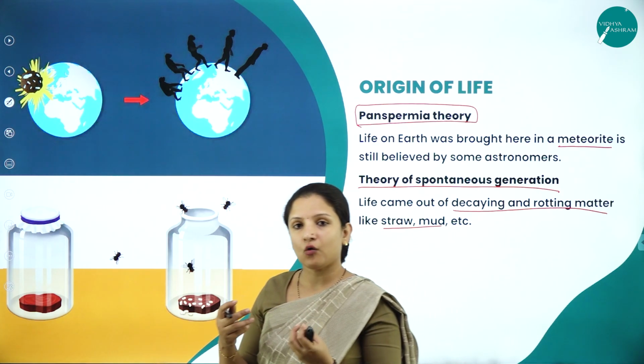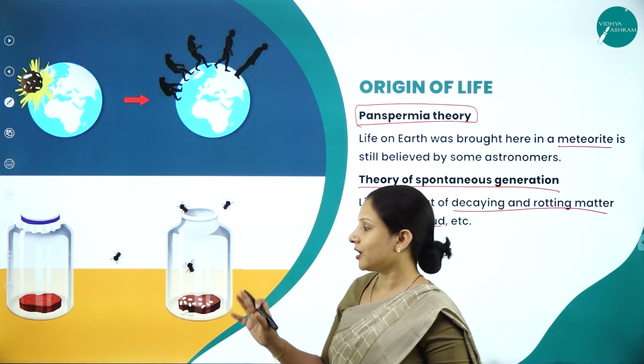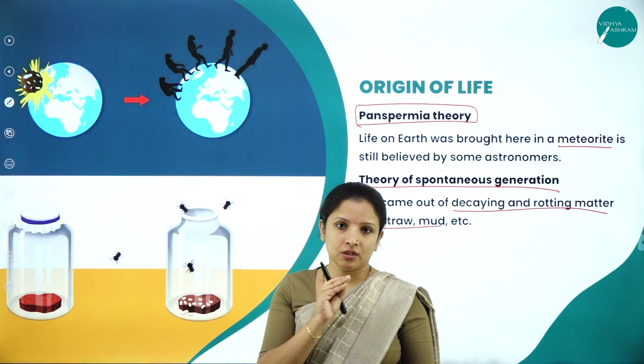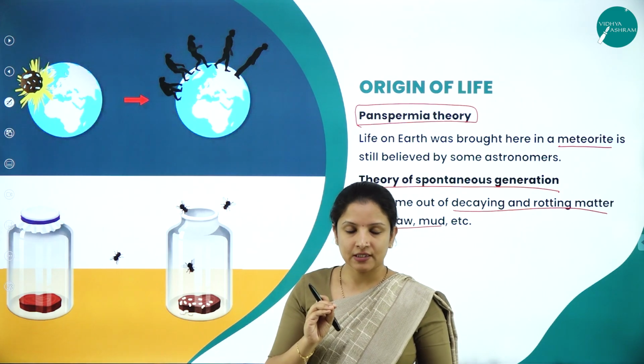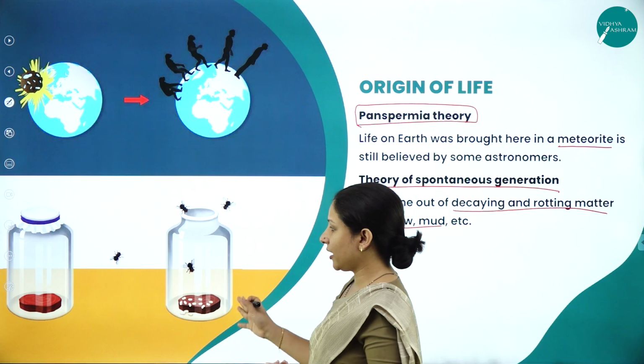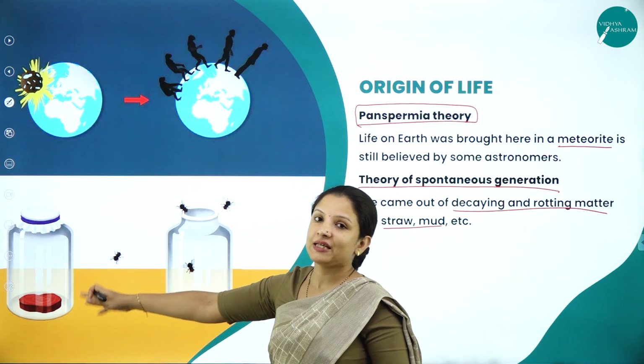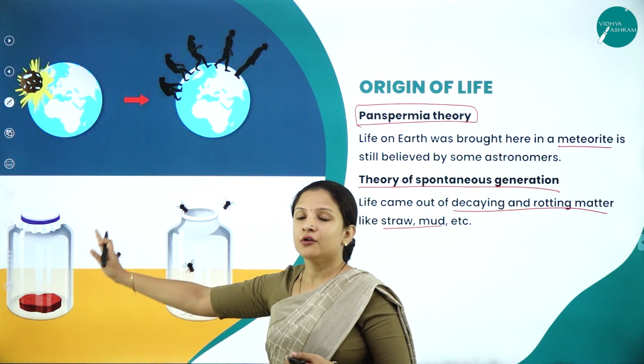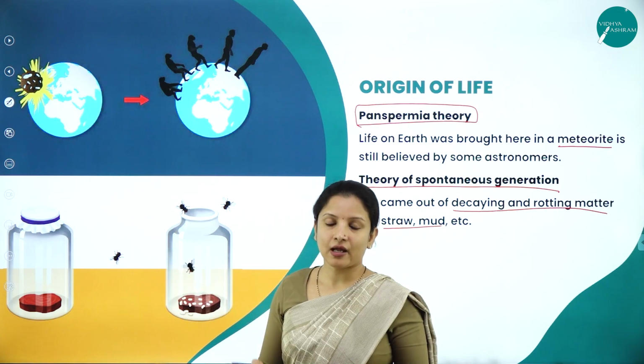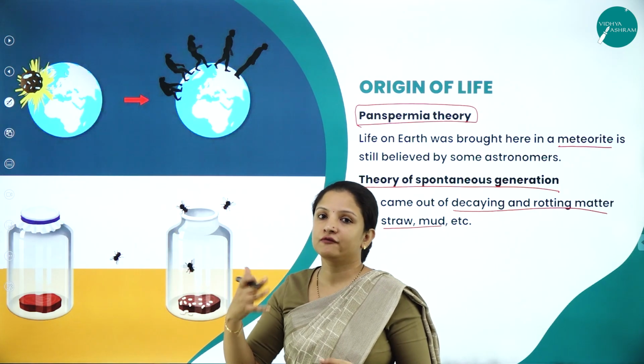After a few days they found maggots and small flies in the jar which had contained the meat. That is when they decided that life existed from pre-existing life forms, that is, from those life forms which are dead and rotting, new life forms will come.